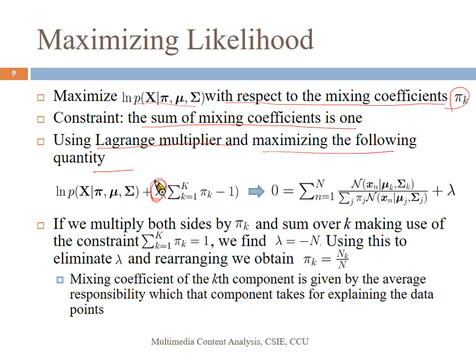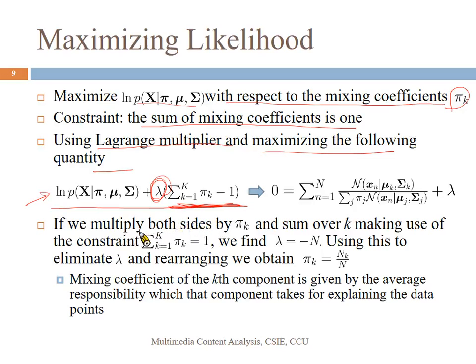This is the Lagrange multiplier, and this is the constraint that the summation of pi_k is equal to 1. Then we can write down this Lagrange function, and again take the derivative of this Lagrange function and set it to 0.